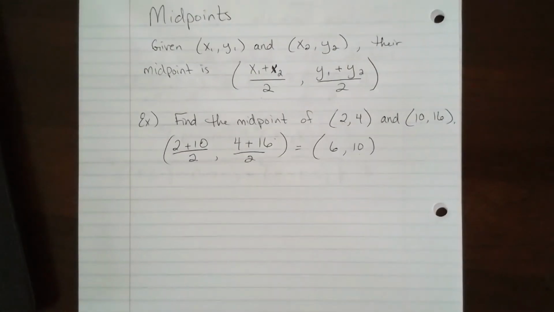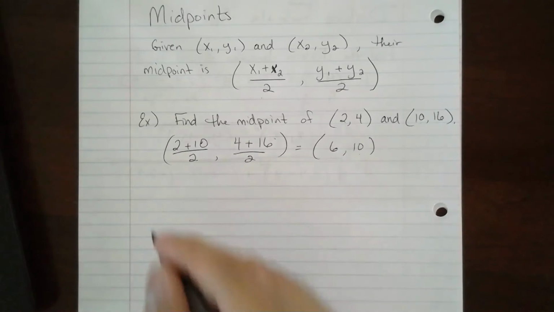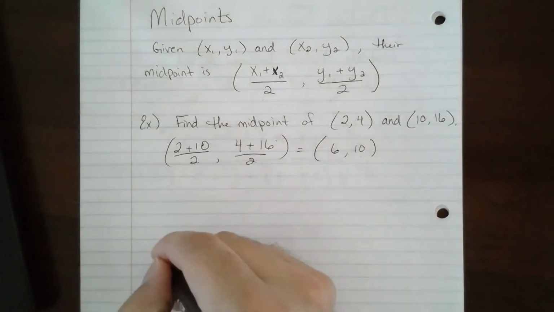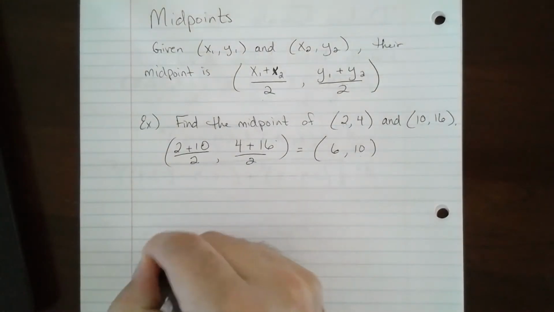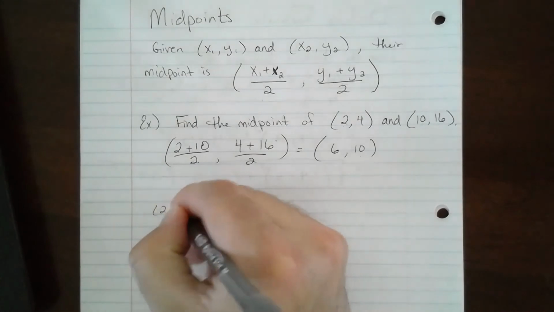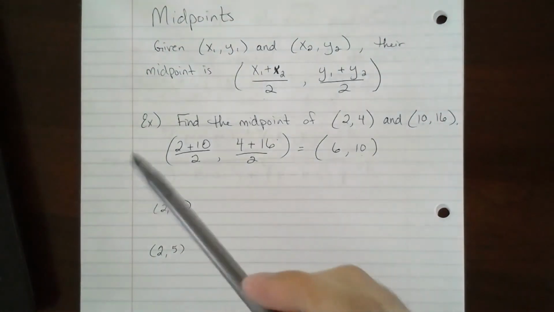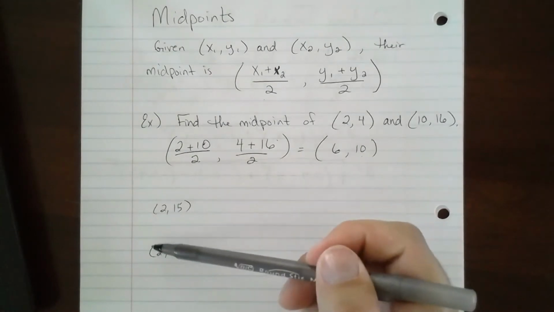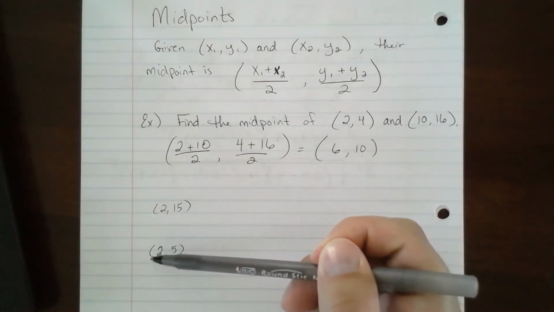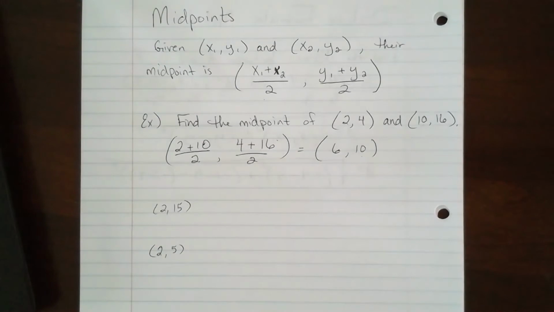Another thing people often have problems with is when they give you points that are vertical. For example, if I gave you a point at 2, 5, and a point at 2, 15, some students don't know what to do, because when you do 2 plus 2, you get 4, and you divide by 2, you get 2 again, and it shouldn't be the same number. I want the number in between them.